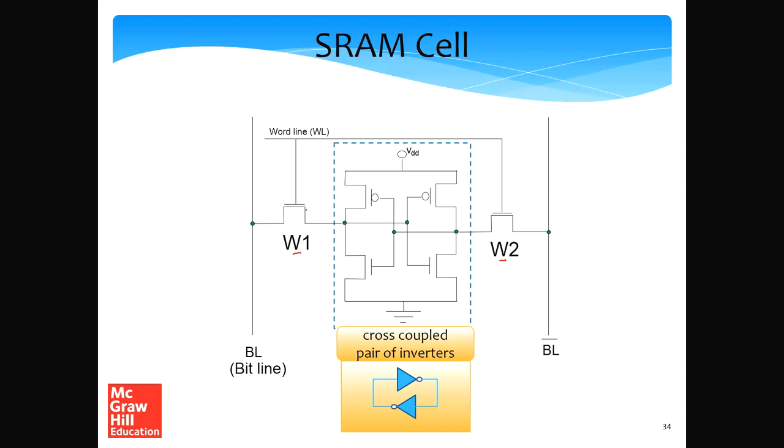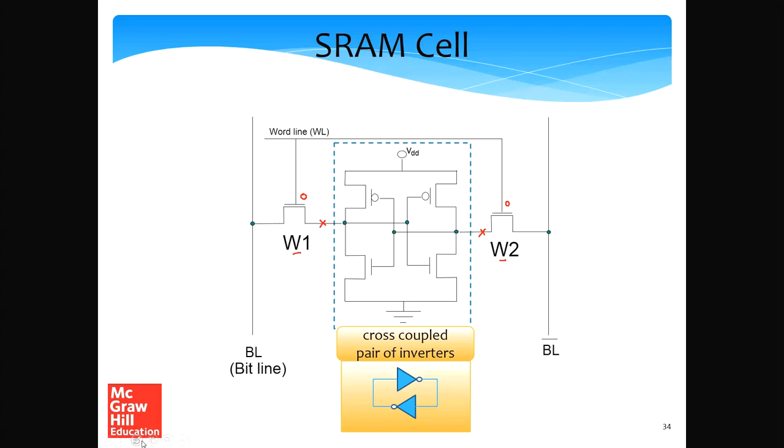These are simple NMOS transistors, called word line transistors. When the word line is set to 0, the NMOS transistors are off, so it is like this memory cell is disconnected from the rest of the world. It is not possible to read its values, neither is it possible to write its values. So the value stored inside the memory cell will be maintained.